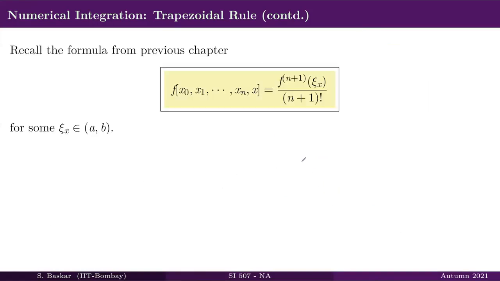Now let us recall from the previous chapter that the divided difference of f at the nodes x0, x1 up to xn comma x, that means the (n plus 1)th order divided difference, can be written as the (n plus 1)th order derivative of f evaluated at xi of x divided by (n plus 1) factorial, where xi of x is some point in the interval a comma b.